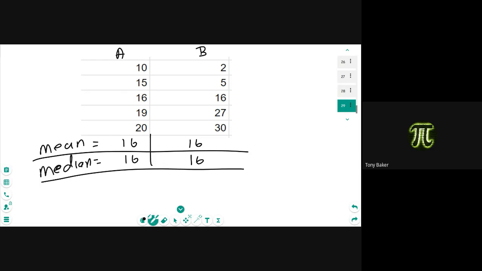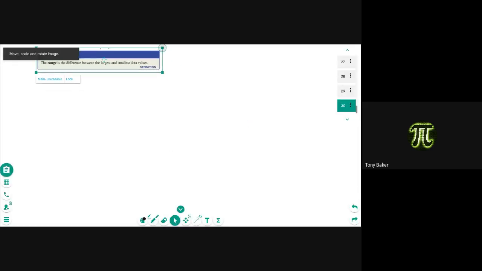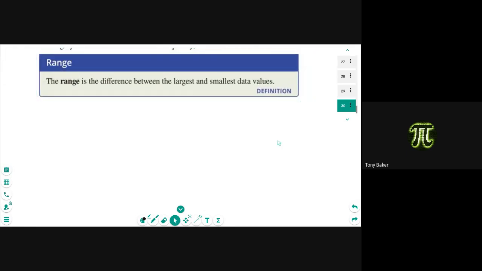So the first thing we're going to look at that's going to help us is the range. Range is simple. Range is literally just the difference between the biggest and the smallest data points. The bigger the range, the more the variation.